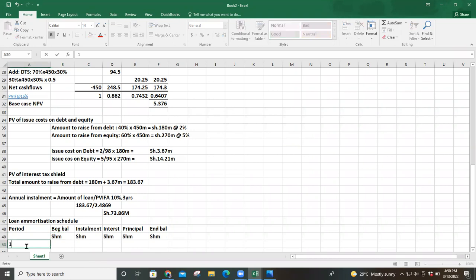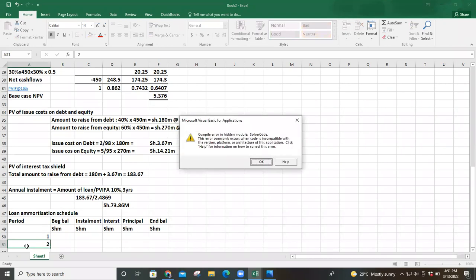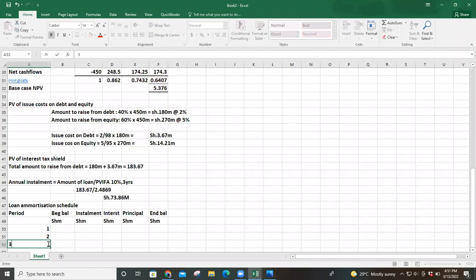So we have our year 1, year 2, and year 3. As we start our first year, our loan balance is 183.67. In that year, we pay an installment of 73.86. For information, the installment is fixed for each year.